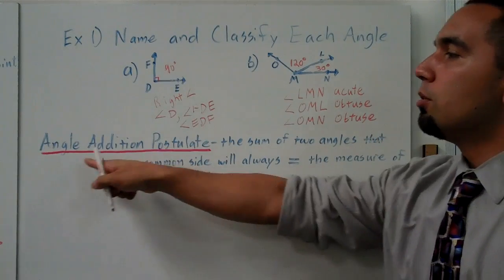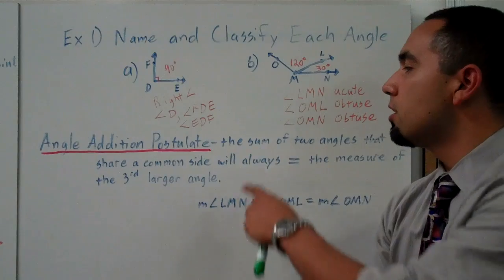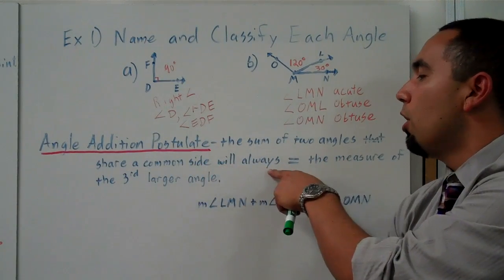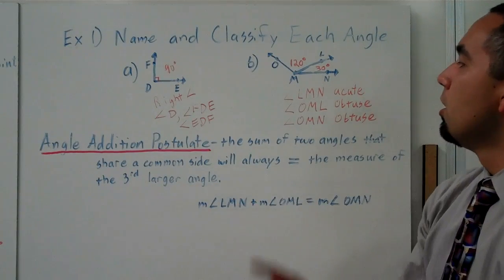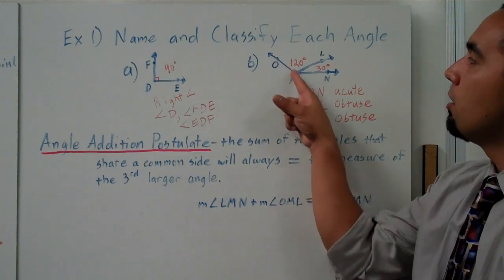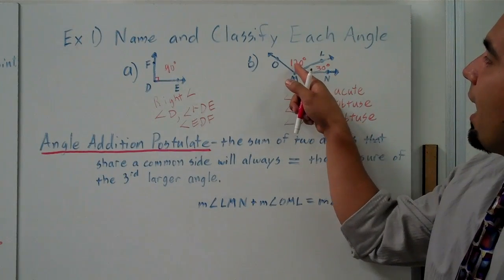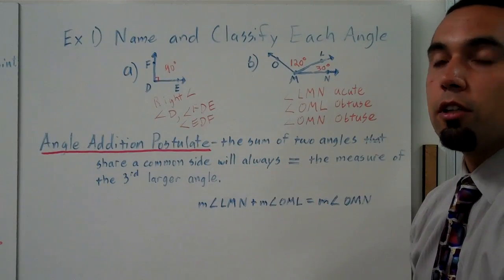But that leads us into the angle addition postulate, and the angle addition postulate is real simple. All it says is the sum of two angles that share a common side will always equal the measure of the third larger angle. Like I said, angle OMN is our larger angle. We can easily see that all I have to do is add this small one with this small one, and I can get the measurement of the large one.